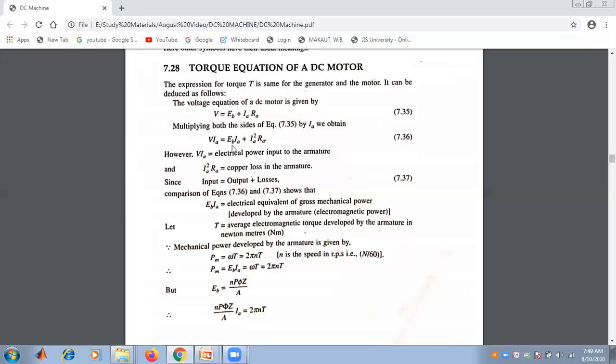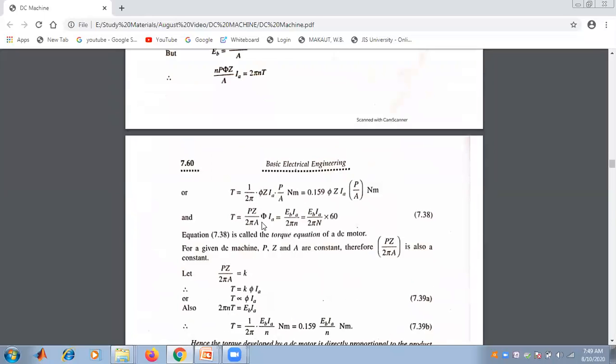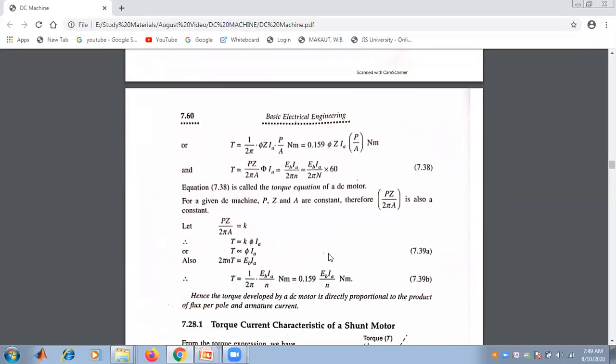So the output power Eb Ia, the mechanical power, equals torque into omega, that is 2 pi n into T. Putting the value of Eb here, that is P phi N Z by 60 A, we get the torque equation, that is torque equal to 0.159 Z Ia phi P by A Newton meter. This torque equals Eb Ia by N by 60. This is called the torque equation of a DC motor.